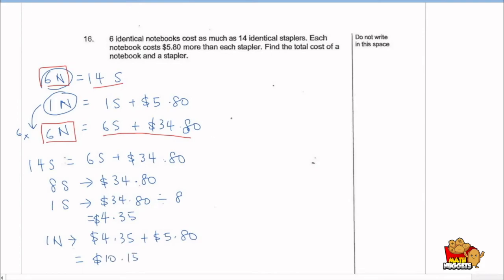Now you just simply need to add the two together. So 4.35 plus 10.15 is equal to $14.50.